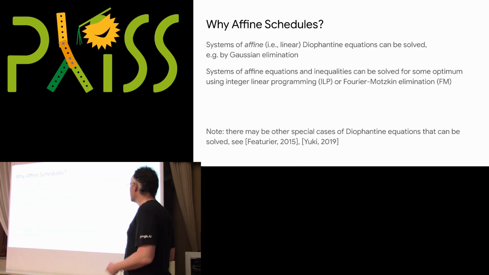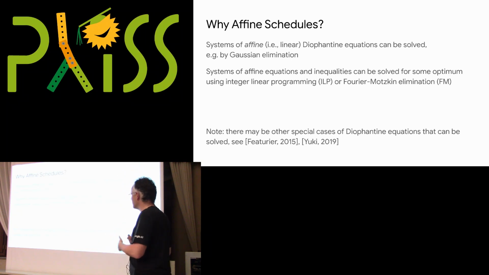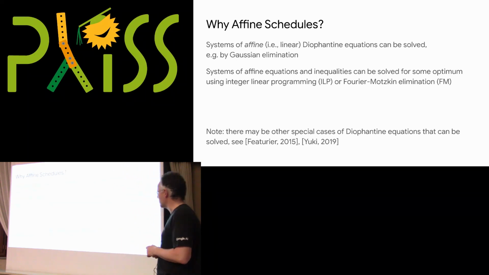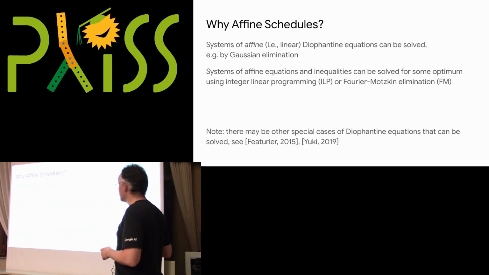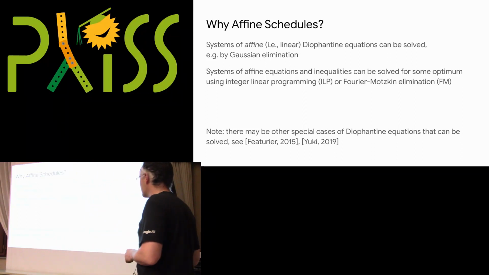If you have both equalities and inequalities, it's a bit more tricky. You may have to do linear programming or Fourier-Motzkin elimination, which is just an iterated substitution algorithm. It's very easy to understand. Unfortunately, both of them are exponential in the worst case, but at least it's possible to solve these questions.